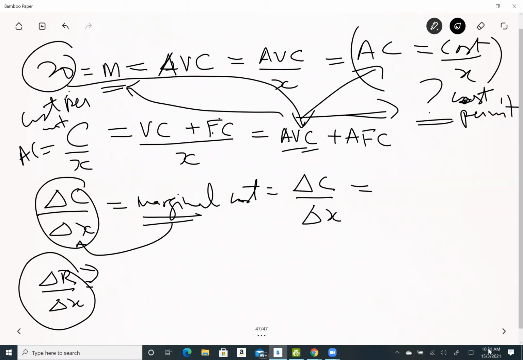If you look at the cost function, cost is equal to mx plus b. Relate back to y equal to mx plus b. What was delta y over delta x?